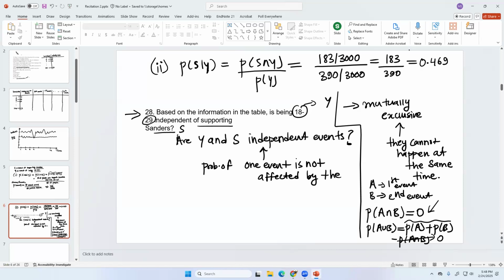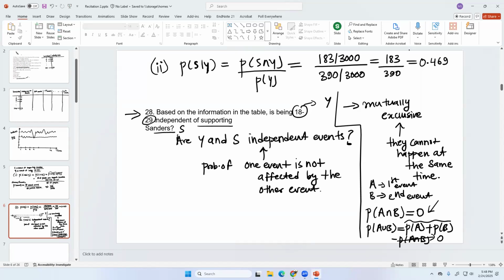One example of independence: if you toss a coin two times, the probability of getting heads in the first toss and the probability of getting heads in the second toss are the same, right? They're independent events. One event is not getting affected by another event. It does not have anything to do with it.